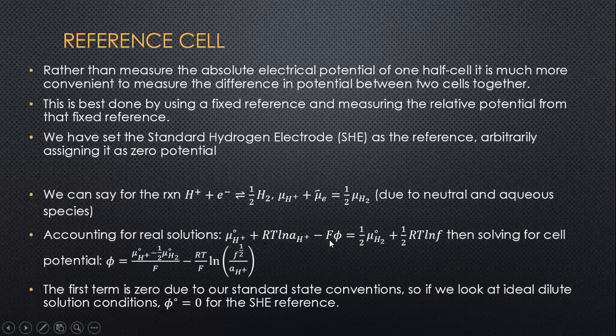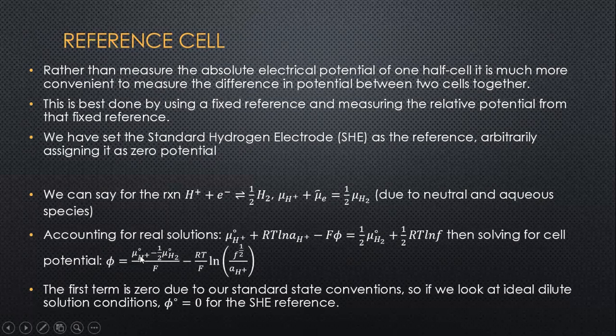And then if we try to solve for the cell potential of this, say the cell potential is mu naught for H plus minus 1/2 mu naught H2, over F, minus RT over F ln of fugacity to the 1/2 over activity.